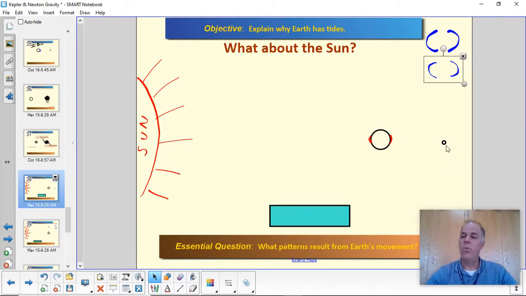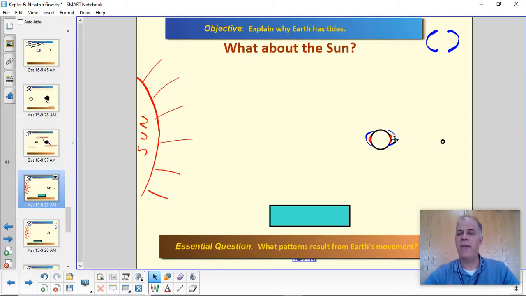Okay, so when the moon is lined up with the sun and the Earth in its orbit, when it finds itself here, then we have the sun tides, which are always aligned with the sun. That's the little red ones that I have here. That's the sun's tides. Then the moon's tides are also lined up with those.